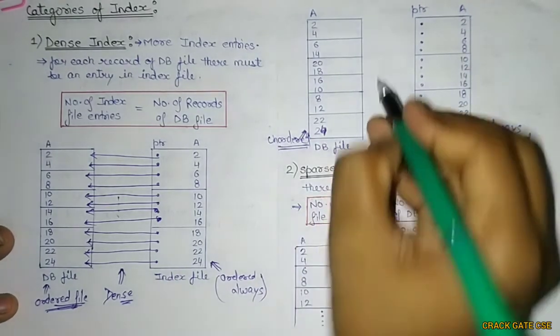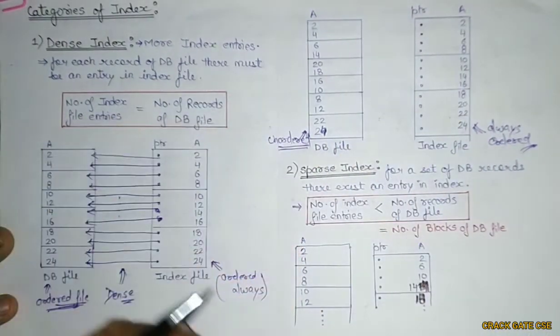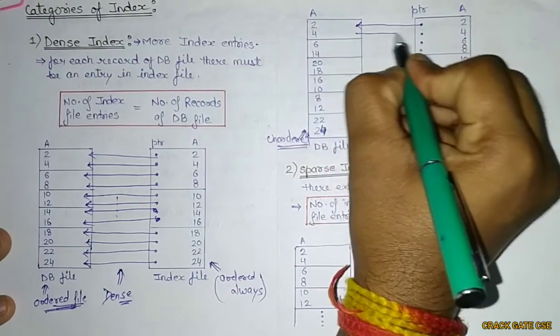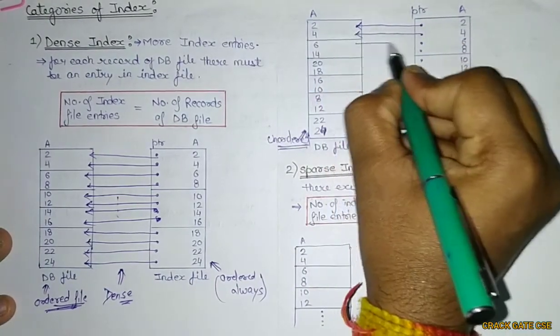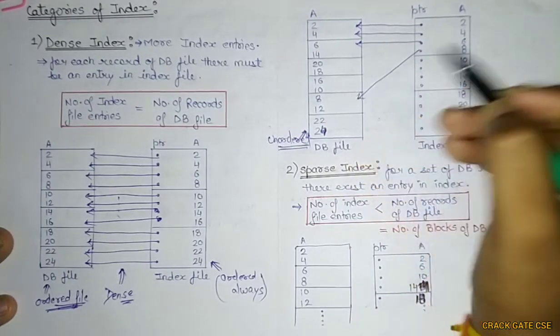Now here also we will be having the same number of index pointer entries, like 2 will be representing here, 4 will be here, 6 will be here, and 8 will be here.